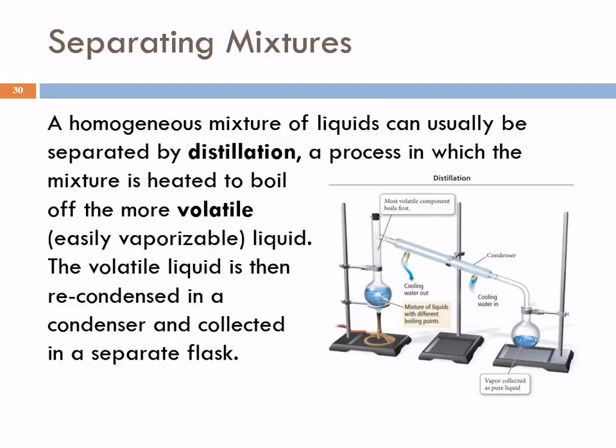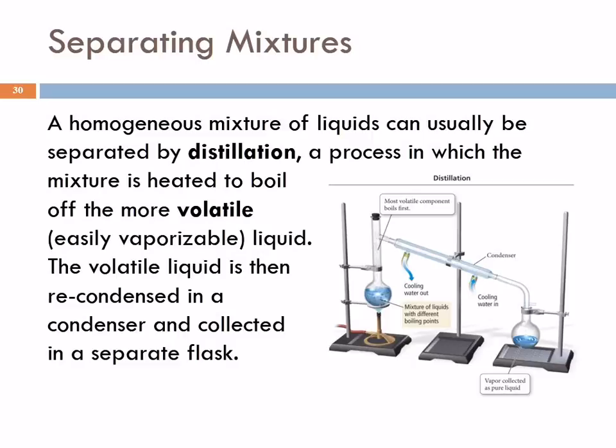If you have a homogeneous mixture of liquids, this is more challenging to separate. A heterogeneous mixture of liquids, like oil and water, well, you could decant, you could pour the oil off the top, or use a syringe and suck it off the top. You could do that. But if, like, you have alcohol and water and they're homogeneously mixed, how do we separate those things?